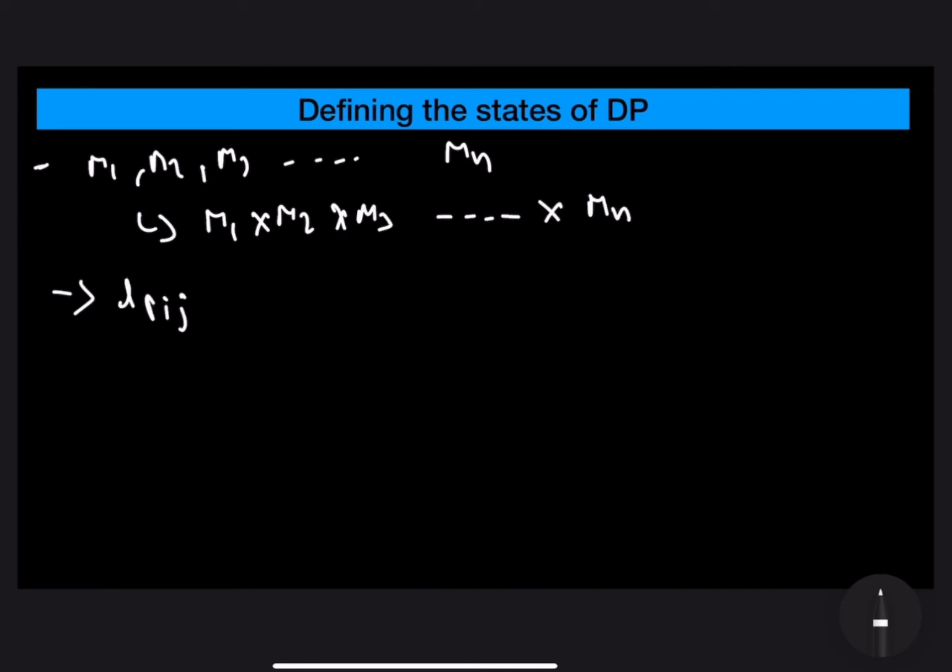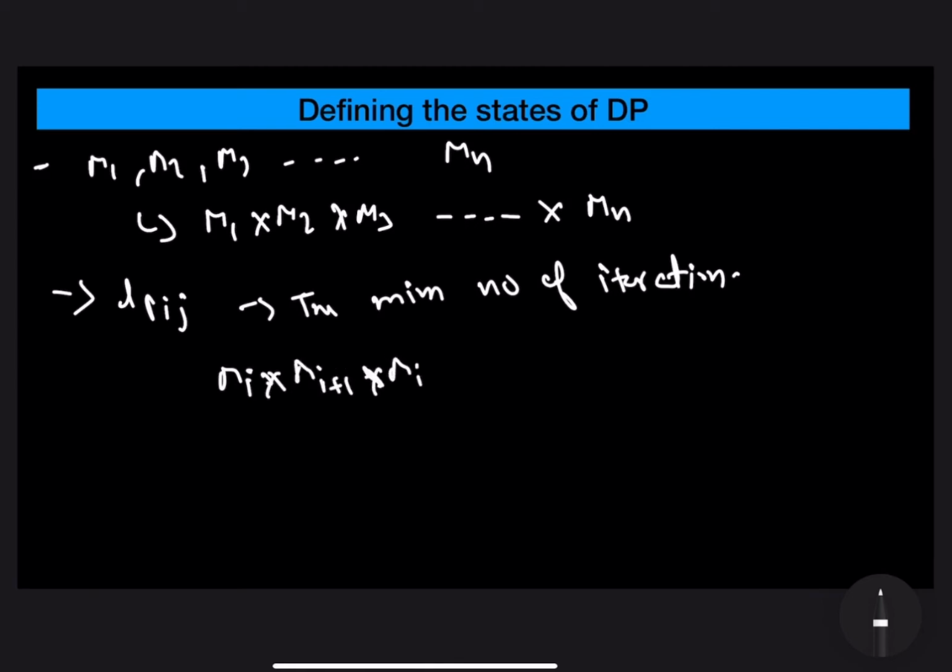In this case, I am going to define dp of i comma j as the minimum number of iterations required to evaluate Mi into M of i plus 1 into M of i plus 2 up to Mj. So this is what dp of i comma j will mean.